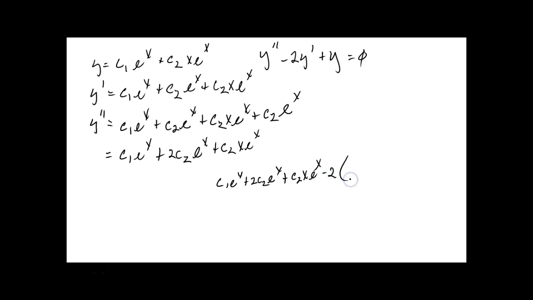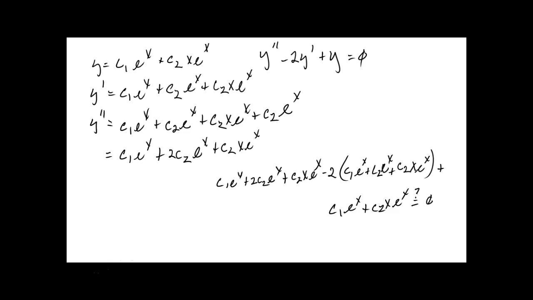Minus 2 times your y prime was C1 e to the x plus C2 e to the x plus C2 x e to the x, plus y. The y was C1 e to the x plus C2 x e to the x. Okay? And supposedly this thing's equal to 0. Don't know for sure, but let's see.